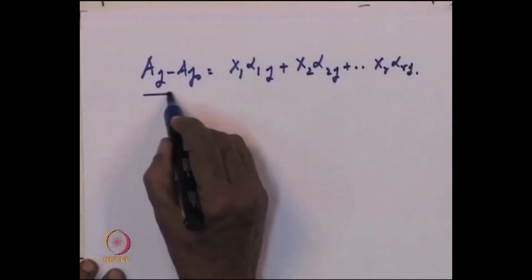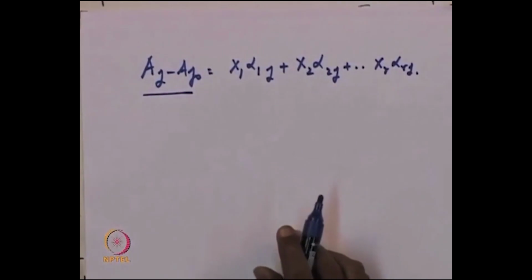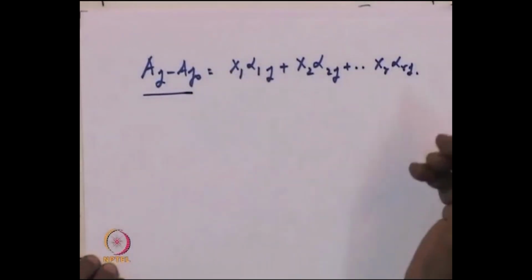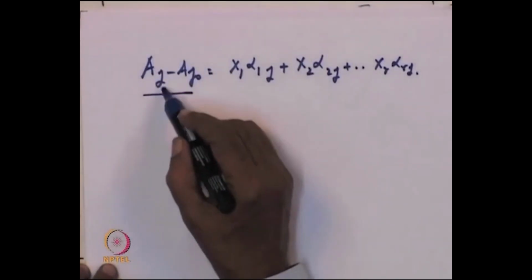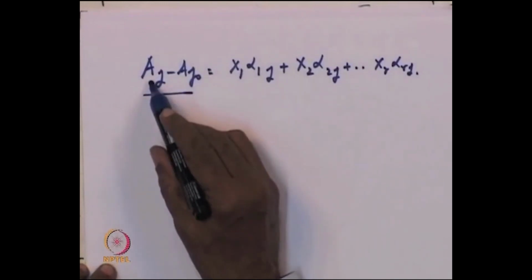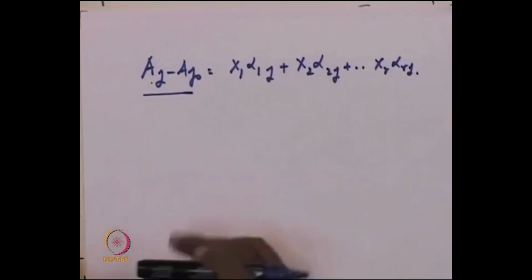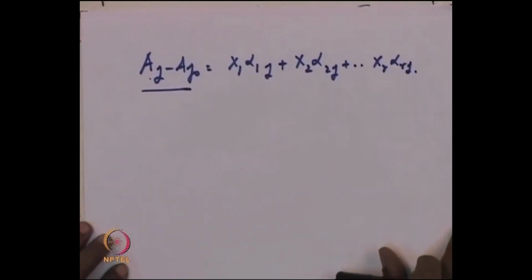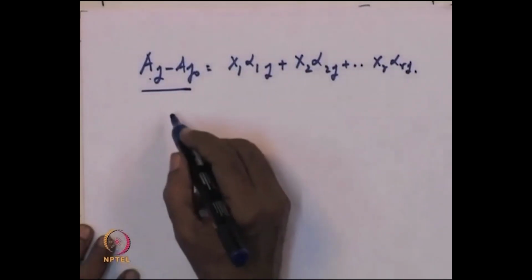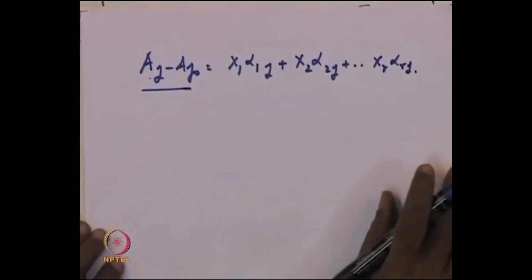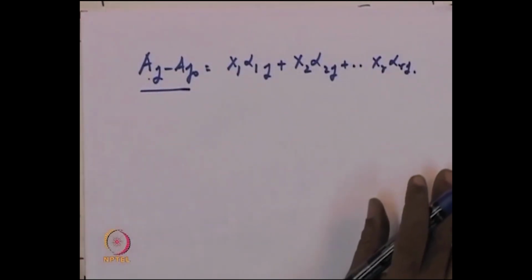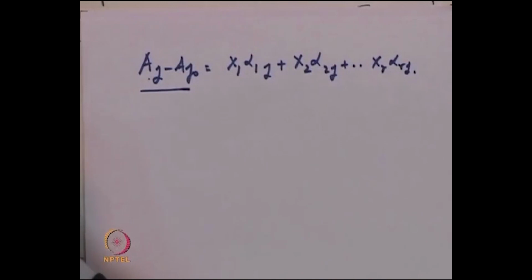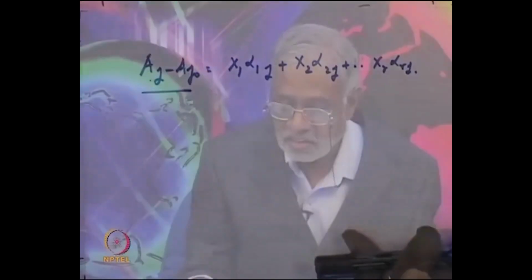Sometimes we normalize it with respect to a reference, in which case each of these x's have no dimensions. If you do not normalize, each of them will have the same units as A j, depending upon how you do the exercise. Okay. Based on this, we are able to write the design equations for various equipments, including batch, CSTR and so on. So, now we will take an example to see how to make use of this result in our designs.